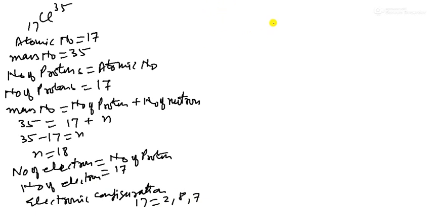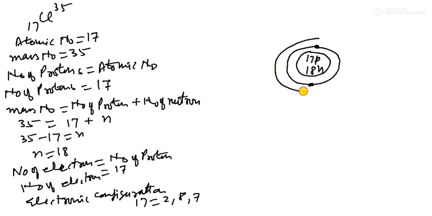Now how can we draw this structure? In the nucleus there are 17 protons and 18 neutrons, and in the first orbit only 2 electrons are revolving. In the second orbit there are 8 electrons, so you can draw 8 electrons: 1, 2, 3, 4, 5, 6, 7 and 8.